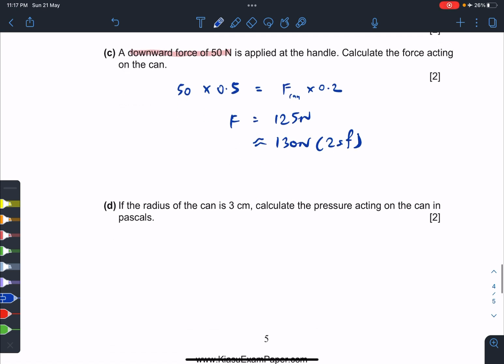So pressure, P equal to F over A. Just throw in the formula. So 125 over A. The A here involves pi.